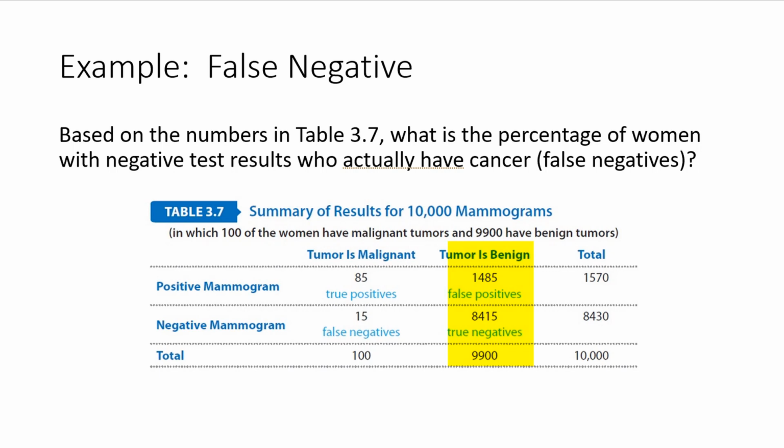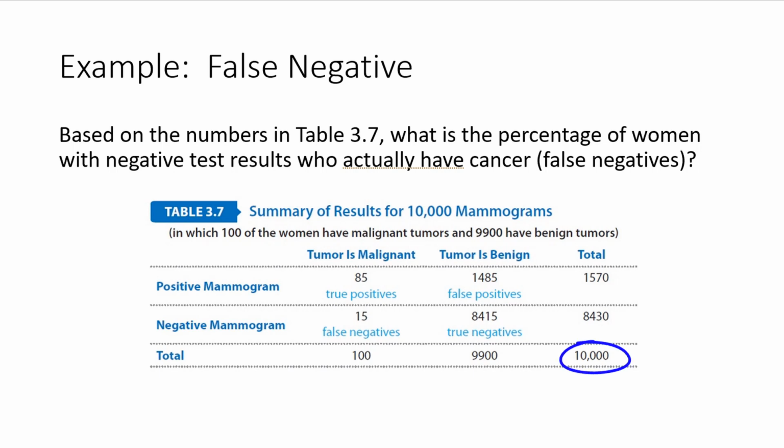The third column is tumor is benign, and the sum of the numbers in the next two rows, 1485 and 8415, is 9,900, and it totals in the very bottom right corner to 10,000.